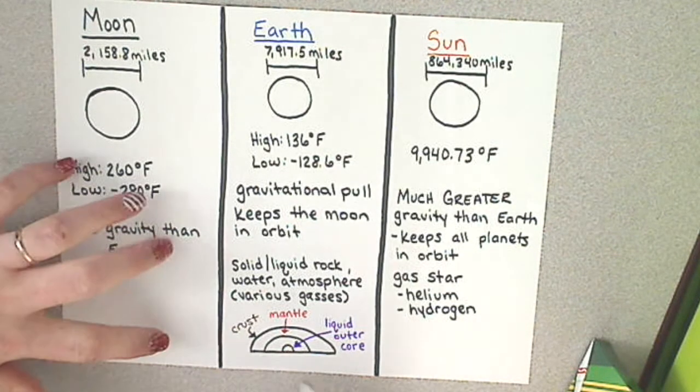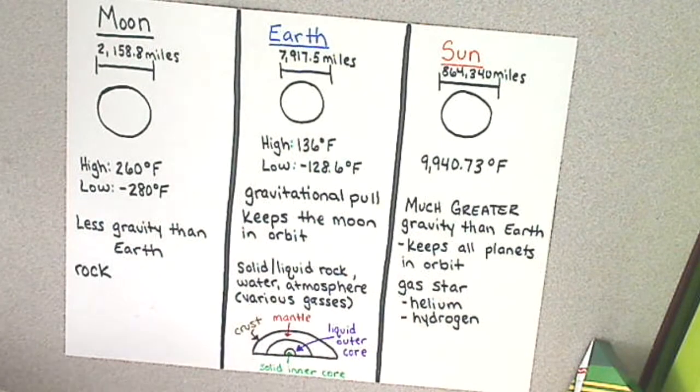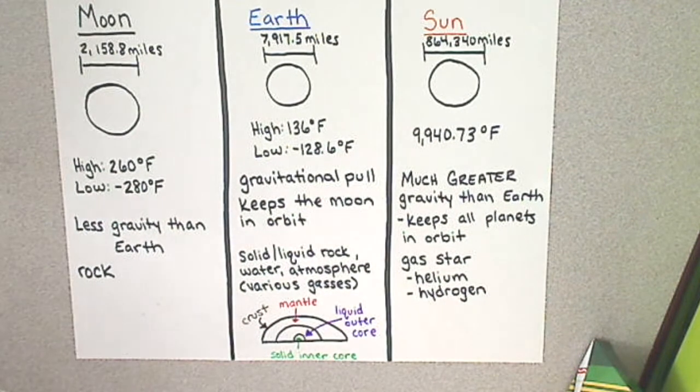And then you have the solid inner core. Okay. So that is the layers that make up the earth as we know it.